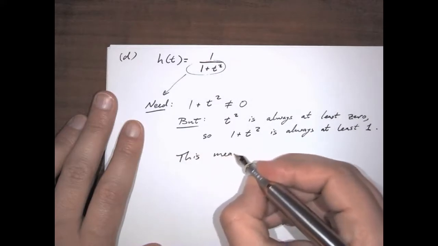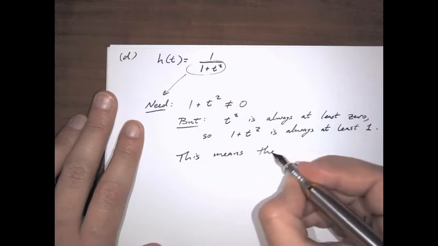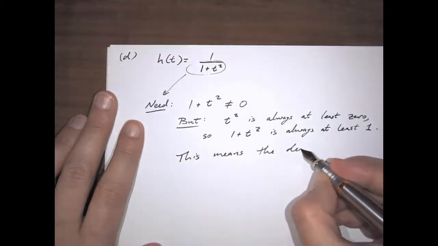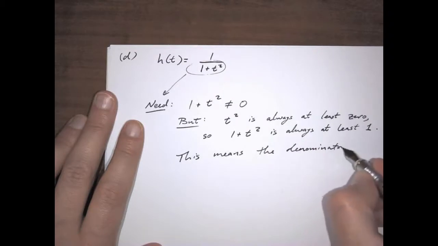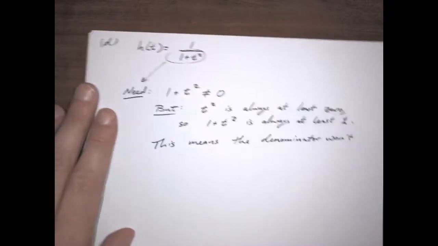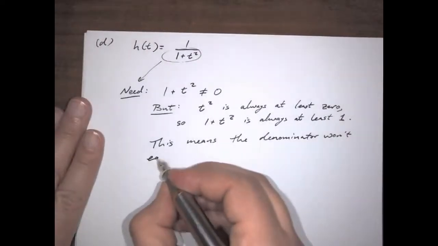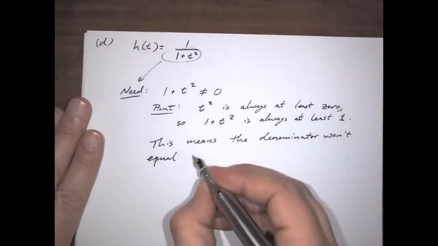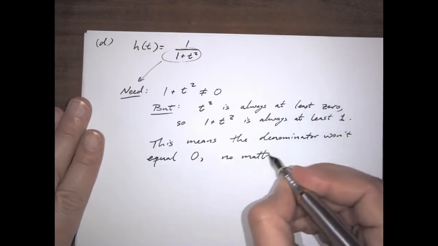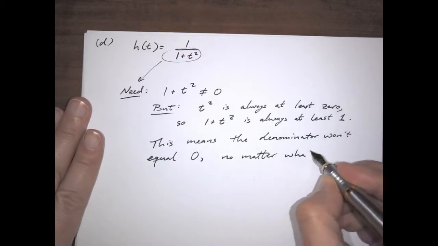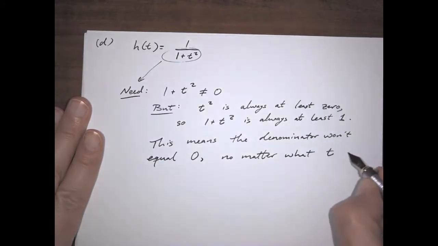This means the denominator won't equal 0 no matter what t is.